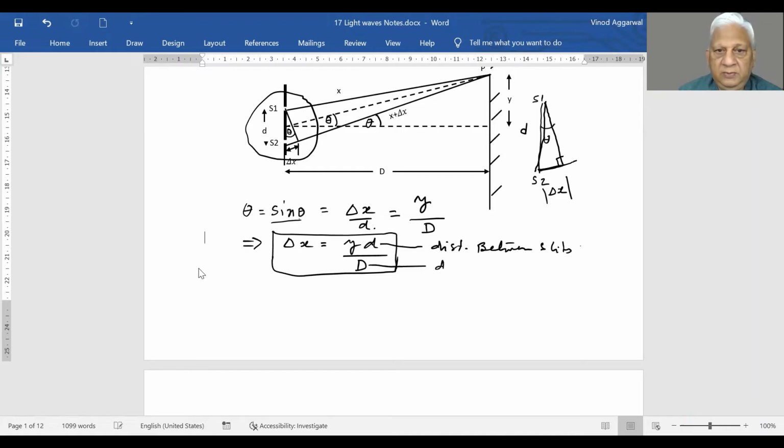This D is the distance between slits and screen.